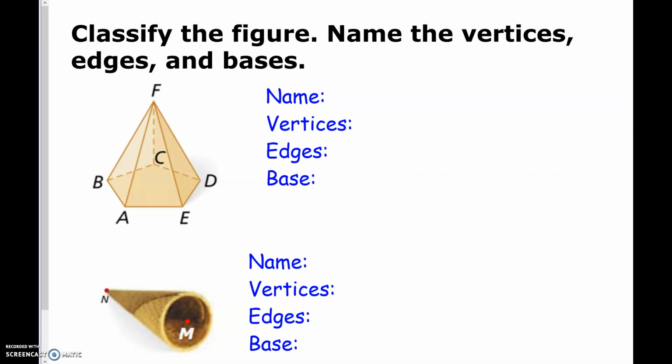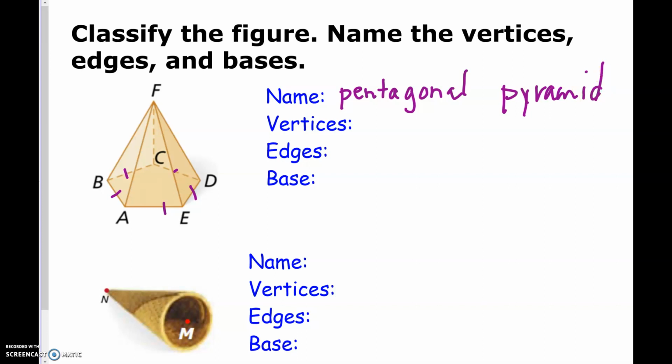All right, the next thing we're going to talk about is vertices, edges, and bases. If we are going to name this figure here, we count the sides, 1, 2, 3, 4, 5. So we would say this is a pentagonal pyramid. And the number of vertices, if we count A, B, C, D, E, and F, what do we have? 1, 2, 3, 4, 5, and one on top is 6.